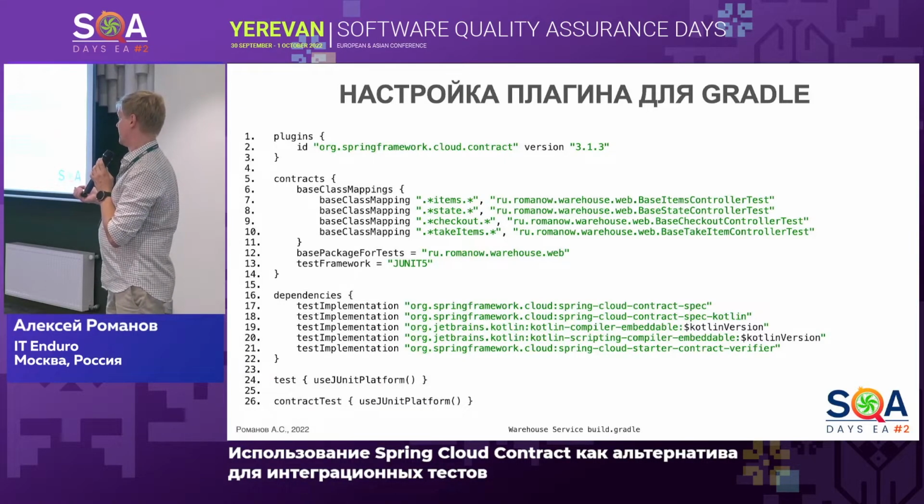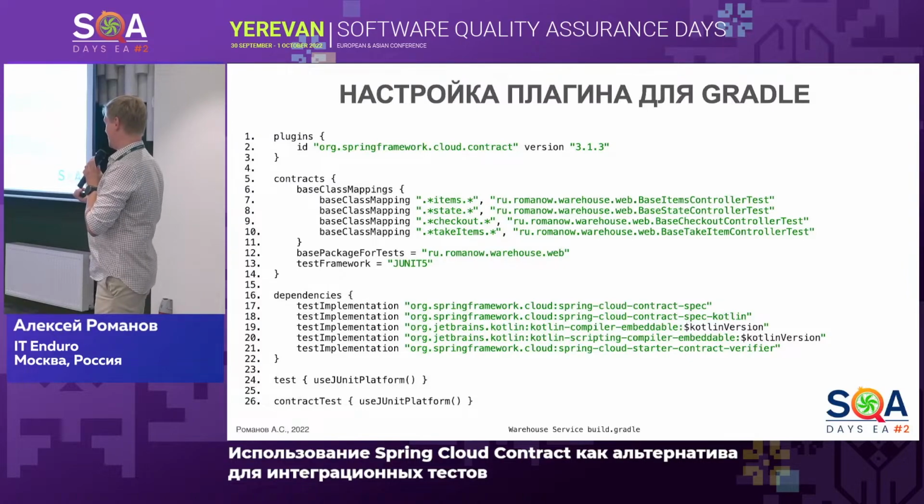This is where we say all contracts found in this folder, item state checkout, has base items controller test, base state controller test. Since the project is coded with Kotlin version 1.5, by default they use here 1.4.